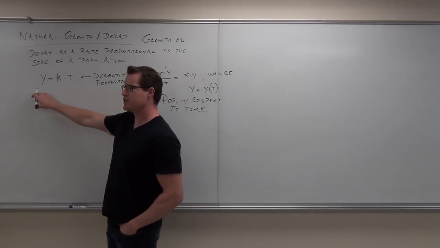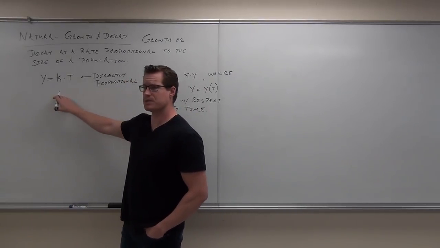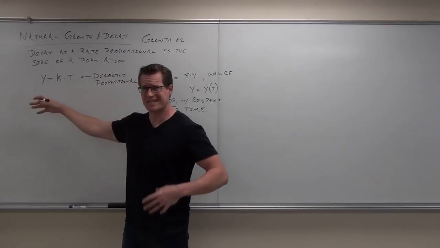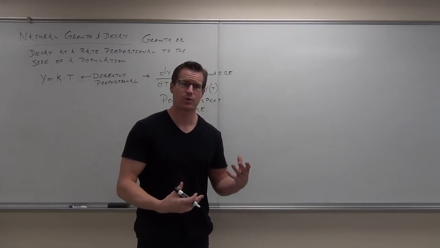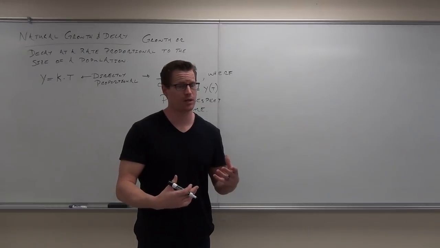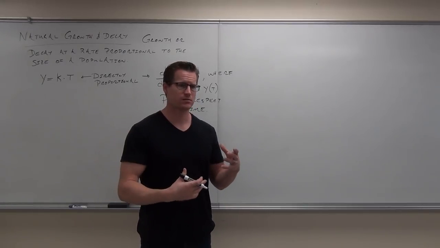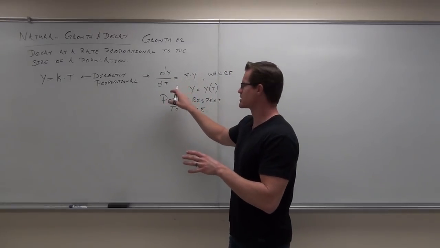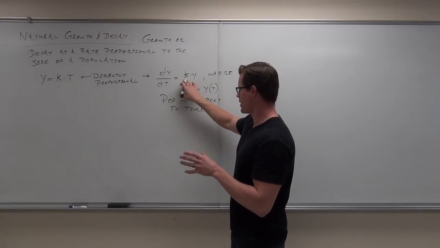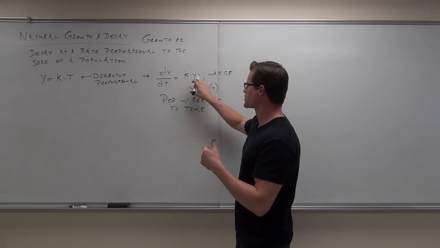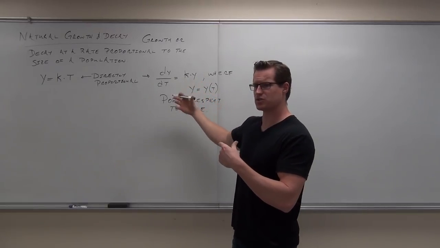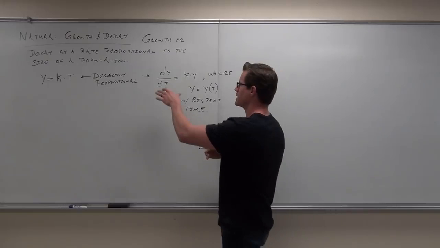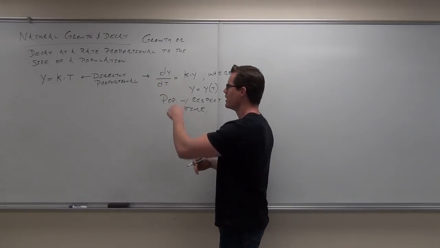Here's our population with respect to time. If we take a derivative of this, we get the rate at which our population is changing with respect to time, whether it's growing, growth, or whether it's decaying, loss. Does that make sense to you? So we take a derivative, oh, cool. What we're going to get out of this is some sort of a constant variation times y, where y is a function of t. Our population changes over time. So this would be the rate at which our population is changing.